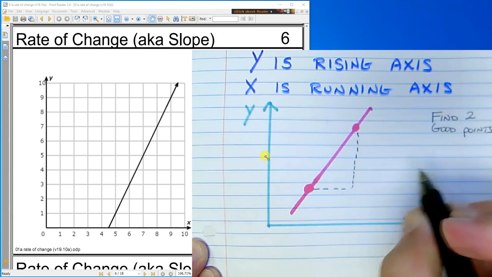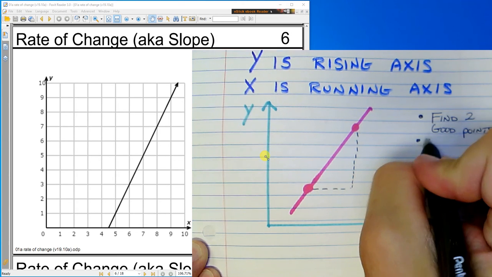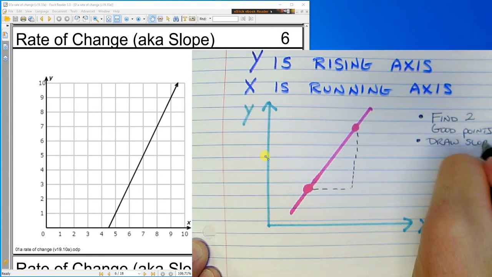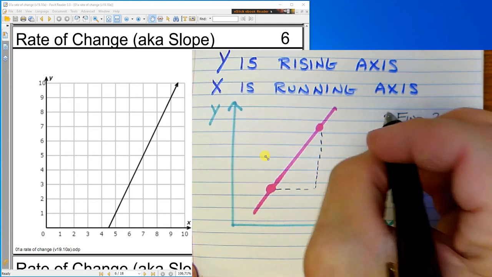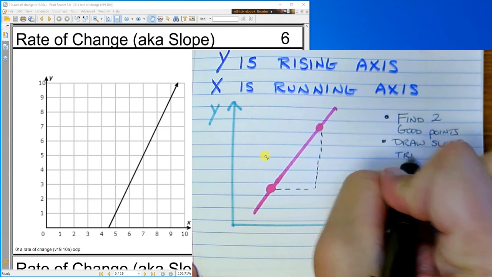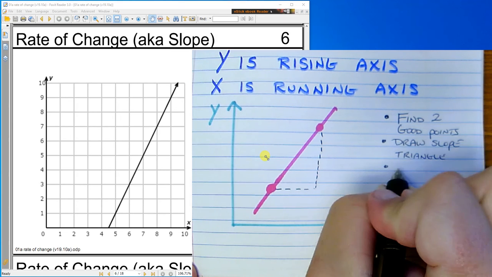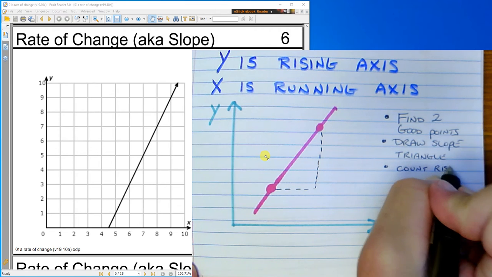I draw in my triangle. Find two good points, draw a slope triangle. Count your rise and run.